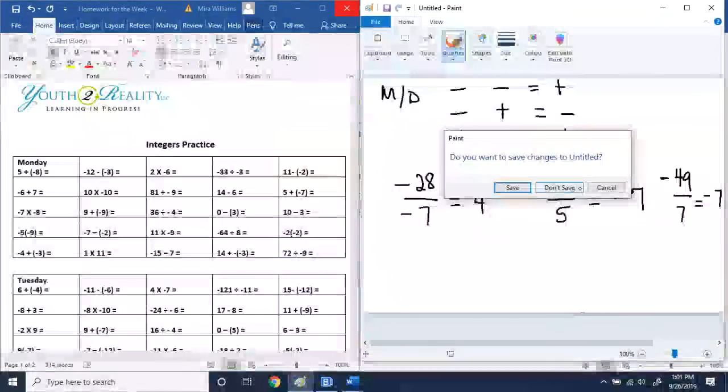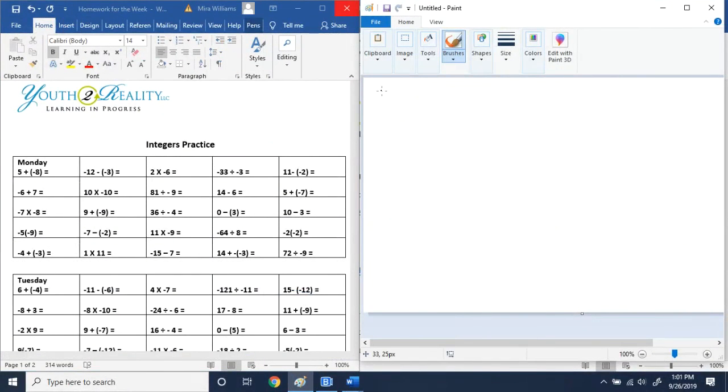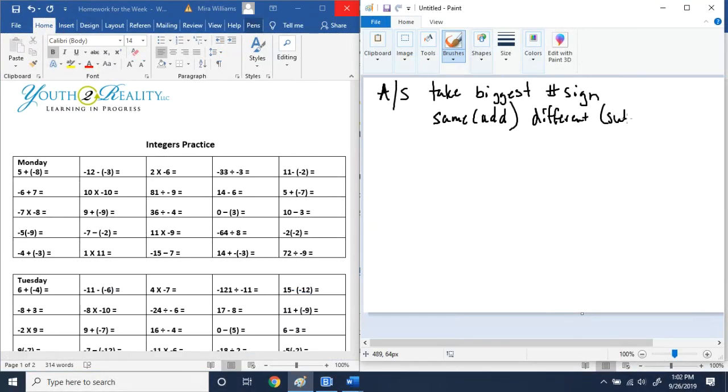For adding and subtracting integers, take the sign of the biggest number, and that's going to go in your answer. If the signs are the same, you add. If the signs are different, you subtract.